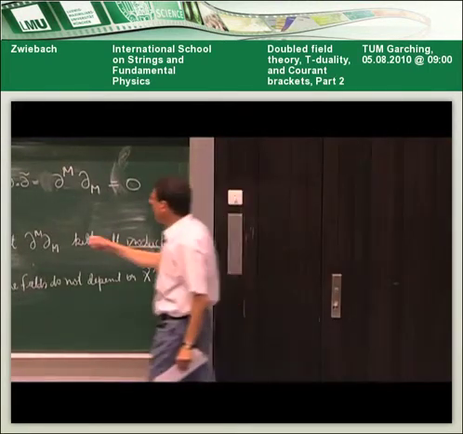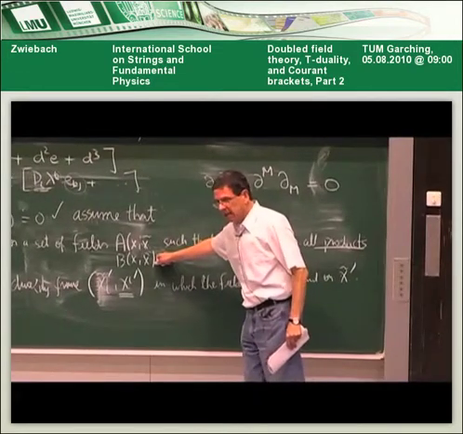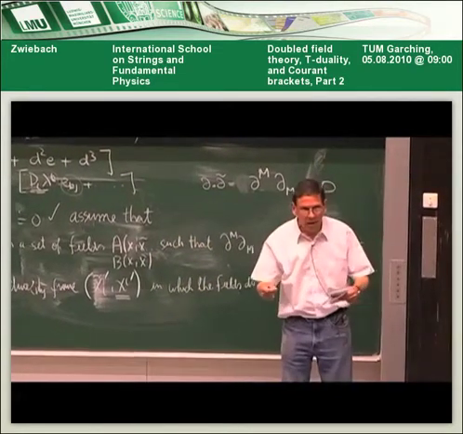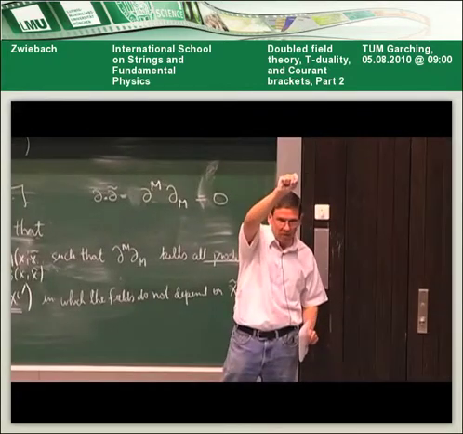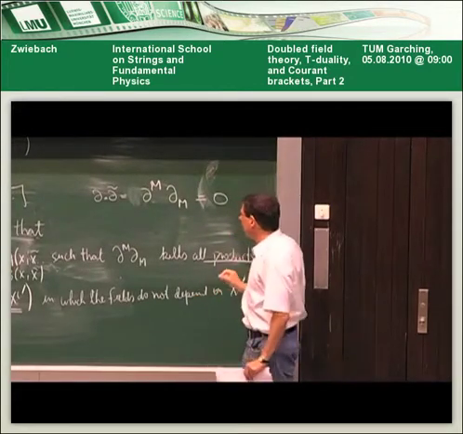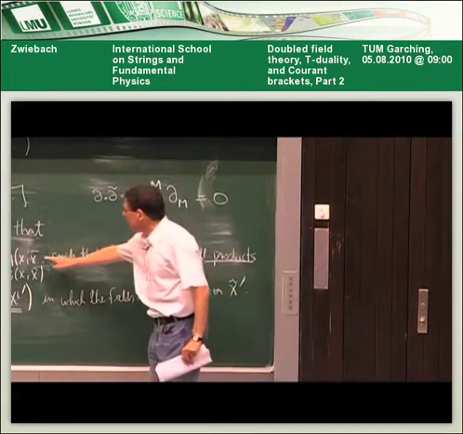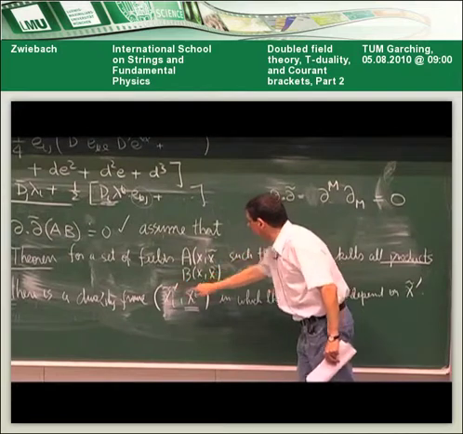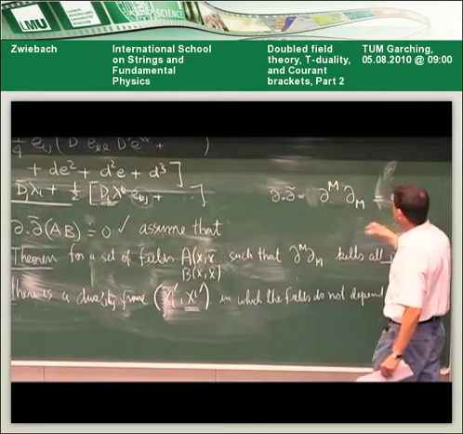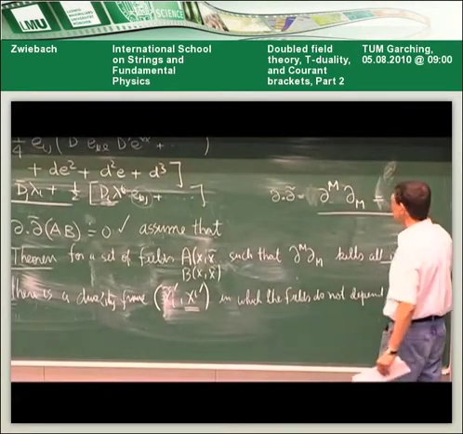So by the time we ask this, the theory is doubled, but there is some frame where it is not. And therefore, since that frame need not be specified, you will still have the ODD invariance. The constraint is ODD invariant.